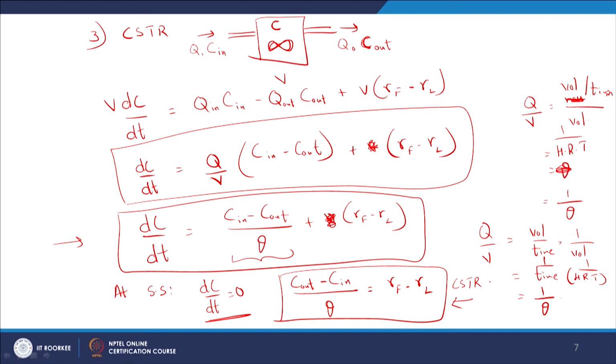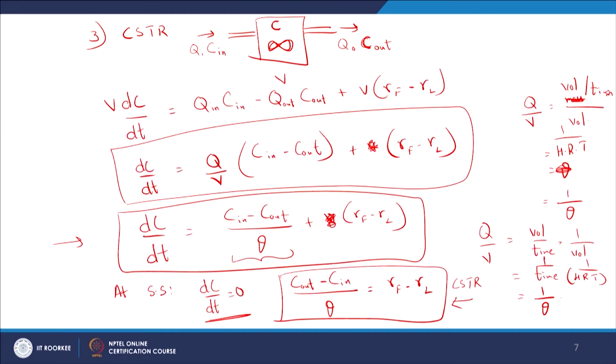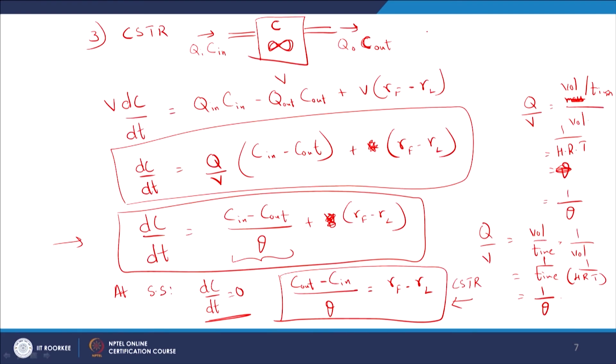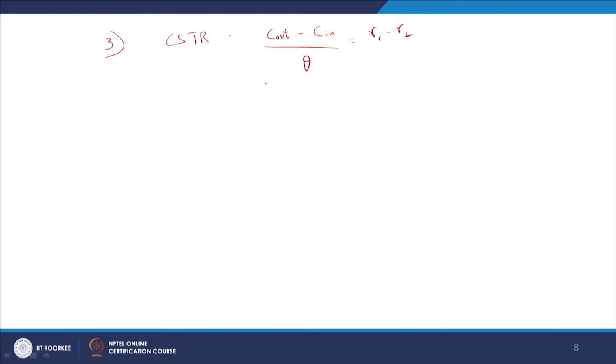Let us just rewrite this. The third case is for CSTR, and we ended up with C out minus C in by theta is equal to rate of formation minus rate of loss of your compound, at steady state.